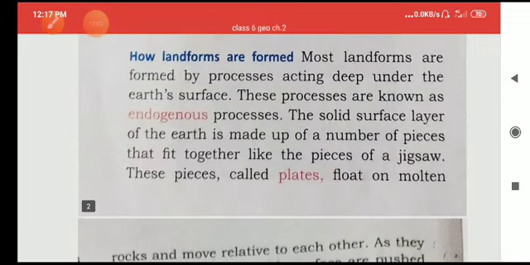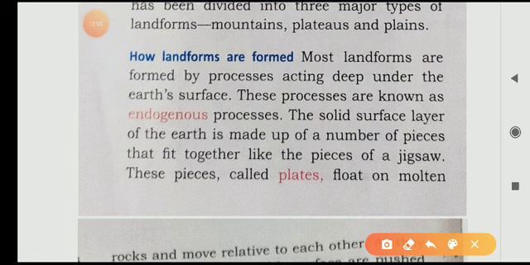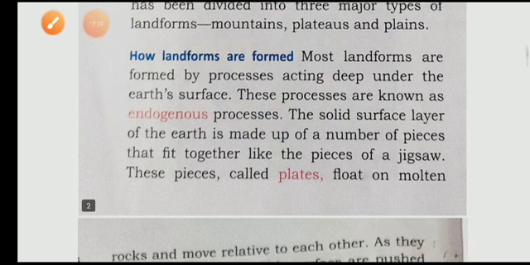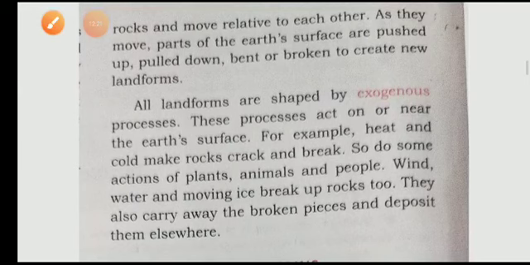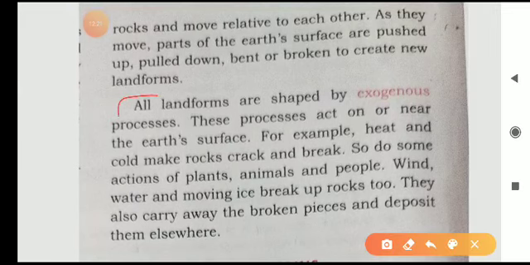You can see one blue color title, how landforms are formed. So the answer is, most landforms are formed by processes acting deep under the earth's surface. These processes are known as endogenous processes. Coming to the right side, the second paragraph, first line also we need. All landforms are shaped by exogenous processes. These processes act on or near the earth's surface. This is the answer of B1.